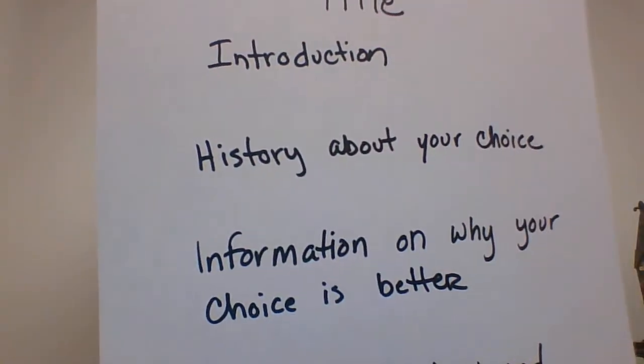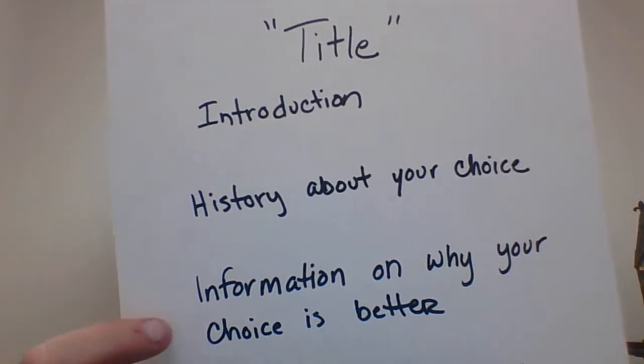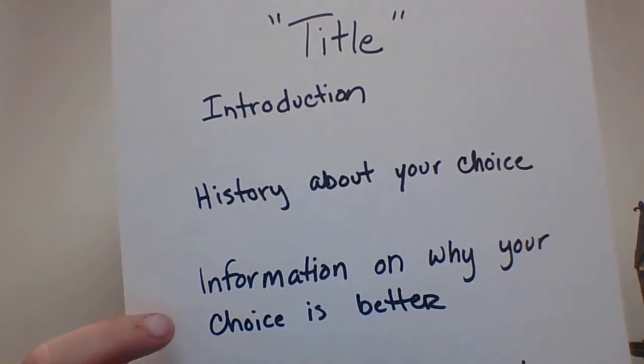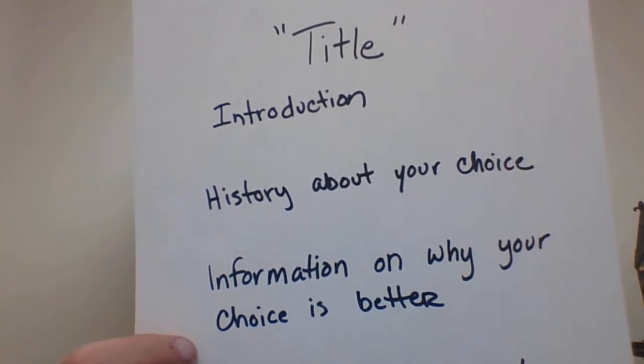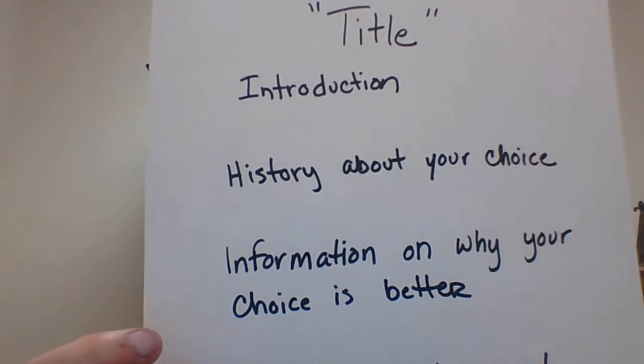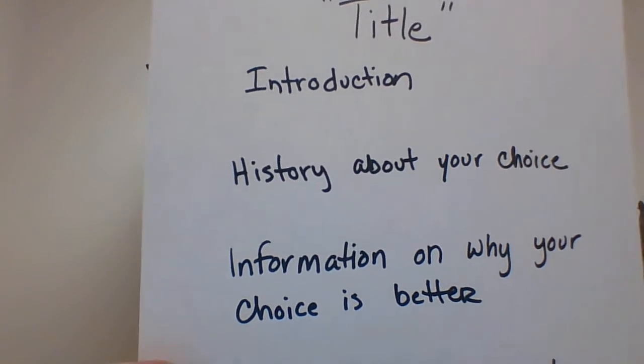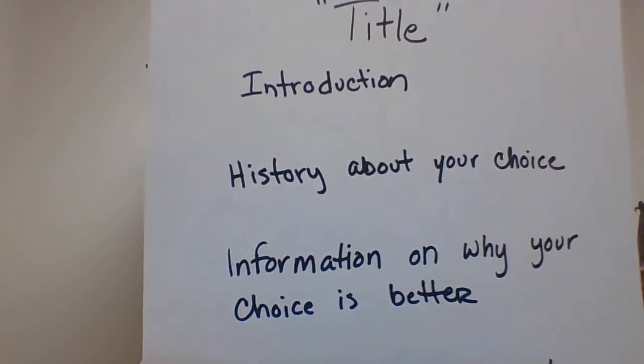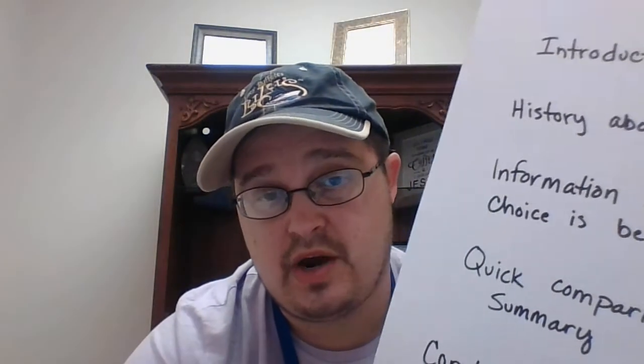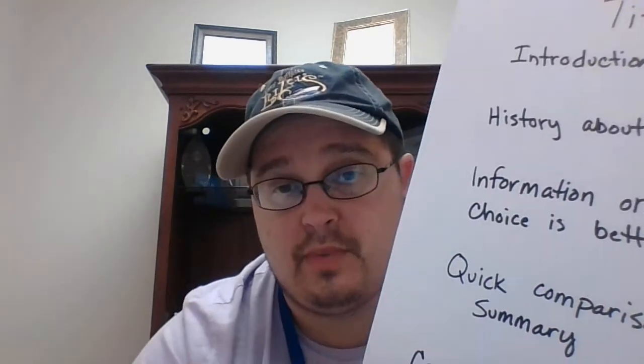Now I want you to do a quick comparison and summary. Once you tell me all about the information on why your choice is better, you're going to start another paragraph that is a quick comparison and a summary of why your choice is better, or a whole summary of your paper, okay?